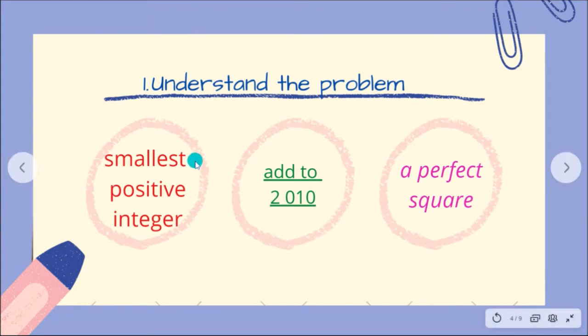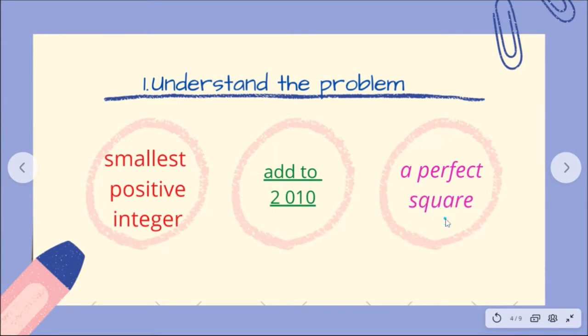And what is the smallest number that would need to be added to 2010? So we want to create a total number that is bigger than 2010 because we need to add to it. And that number that we get from adding a positive integer needs to be a perfect square. So what does a perfect square mean?